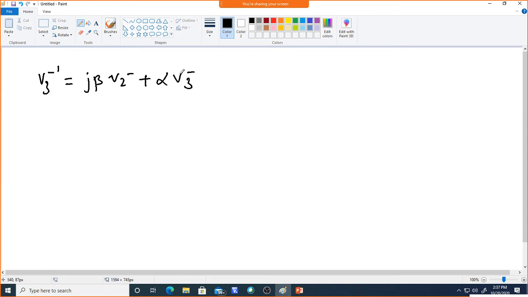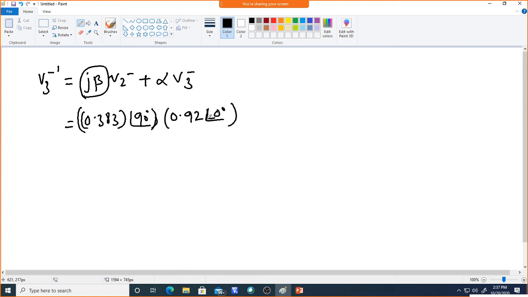Okay, so now we can find out, so put the value, beta is 0.383 at an angle 90. Okay, if you convert only this factor into polar form, and what is V2 minus, which we have calculated, which is nothing but 0.92 at an angle 0 degree.